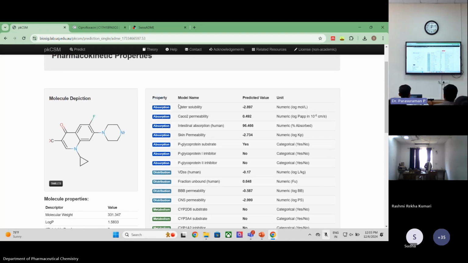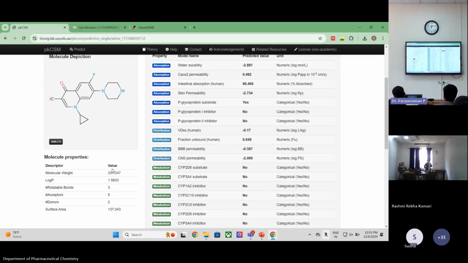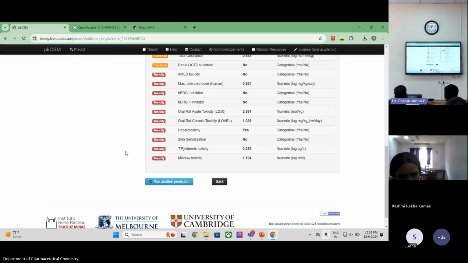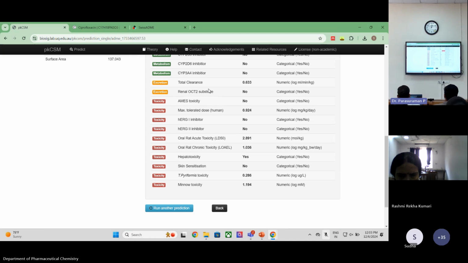Then lipophilicity, molecular weight, and hydrogen bond donors and acceptors, that also you can give, because you will get to know how many hydrogen bond donors and acceptors are there. It will impact your molecular dynamics or docking, because you will see some interactions with hydrogen bonds. You can add that, and even mention the toxicity also, because it will also affect. And like I told, it is showing the excretion, total clearance also.